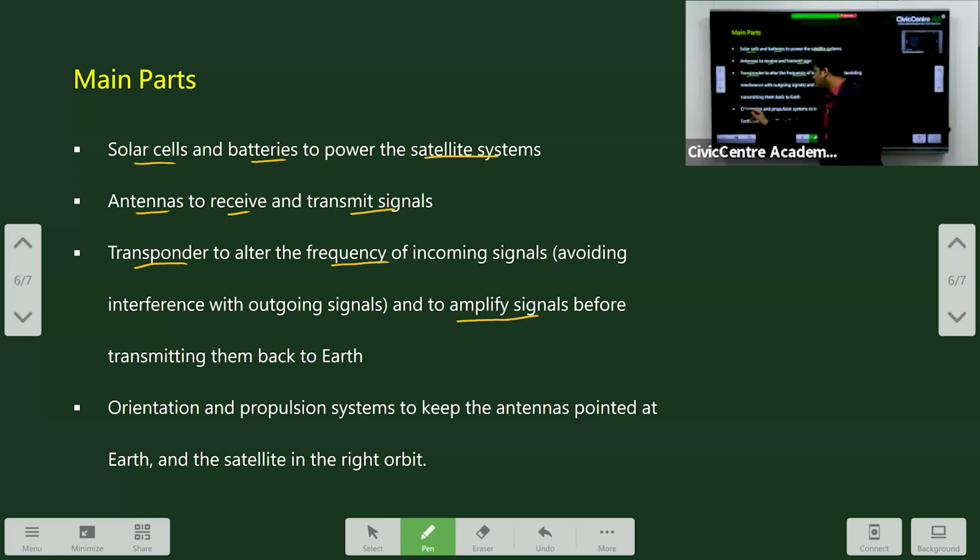And the orientation and propulsion systems keep the antennas in place, always facing the ground to receive and transmit the signals. So these are the main parts of the communication satellite.